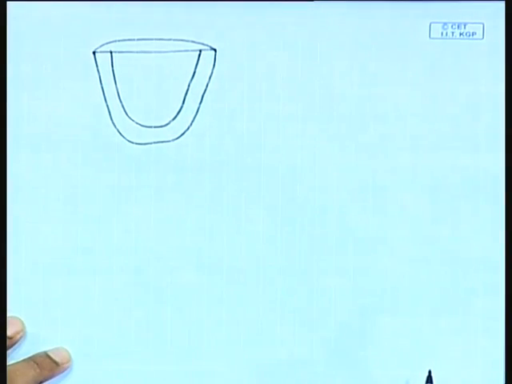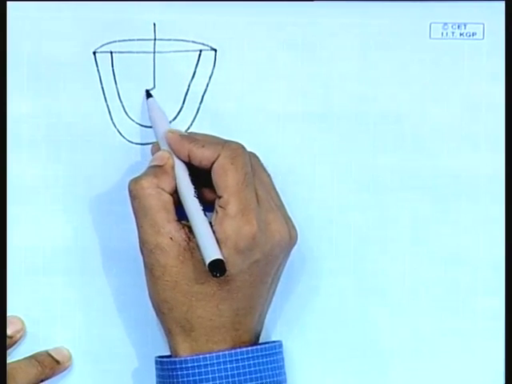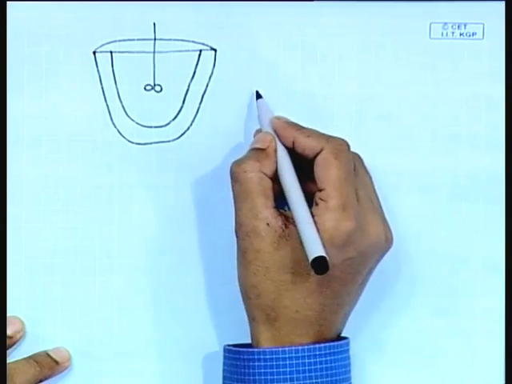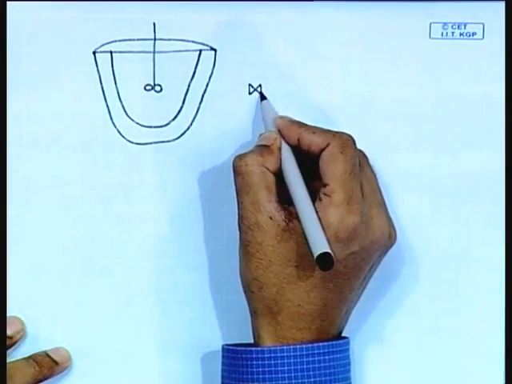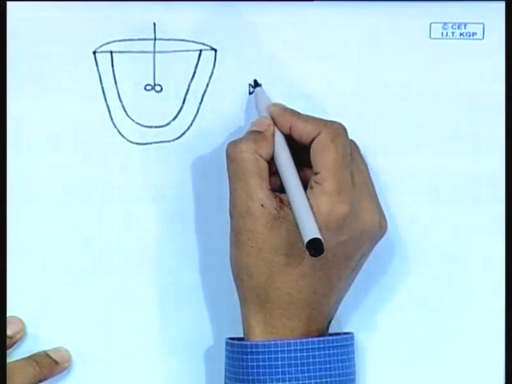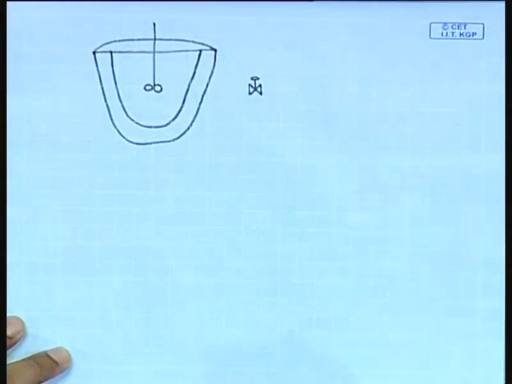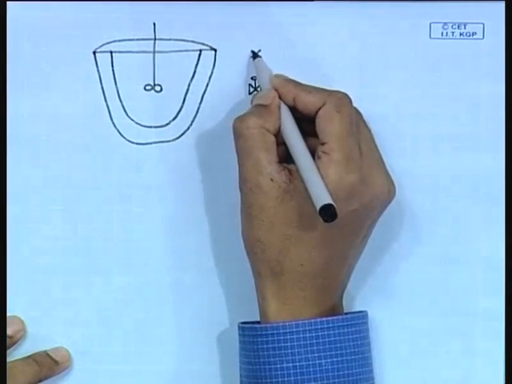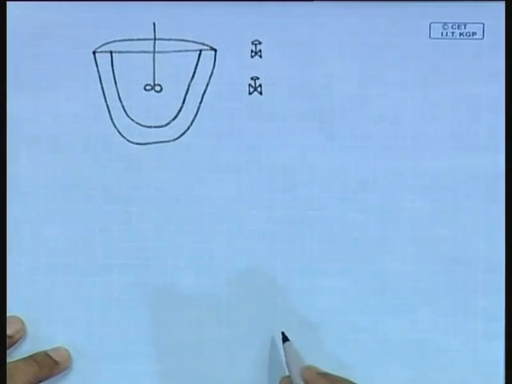This is a jacketed batch reactor. Fine. One valve is used for the cooling medium and another valve is used for the heating medium.